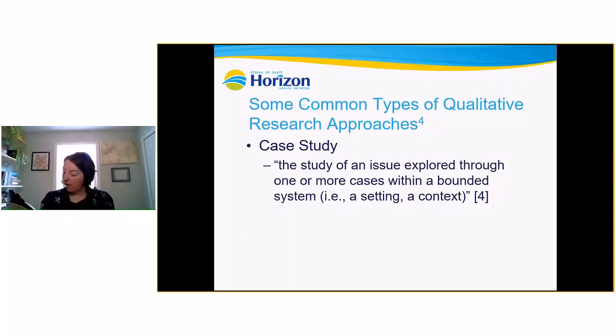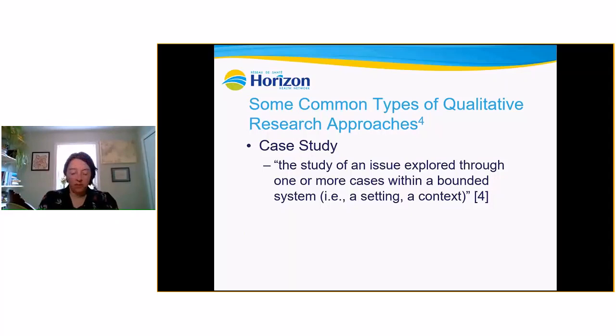And some of the other ones would be ethnography, where you're much more getting at a group of people. And it has some other distinctive qualities, but you're looking at a group. And then narrative approaches, which are more focused on individuals.